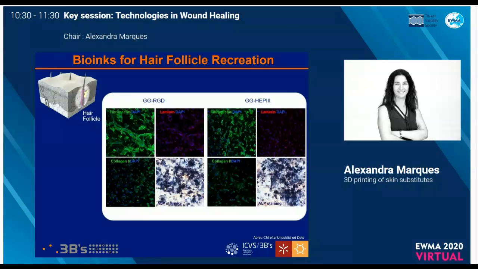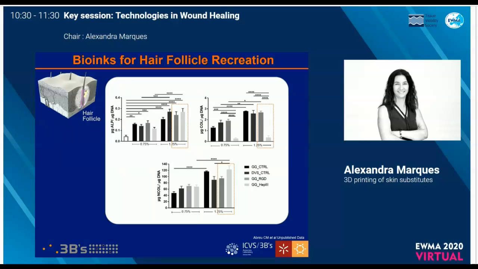inductive behavior. And if we look also at the amount of ALP, as well as the general quantification of collagenous and non-collagenous proteins, we can clearly see that the higher percentage of the polymer is beneficial for the culture of the dermal papilla cells.